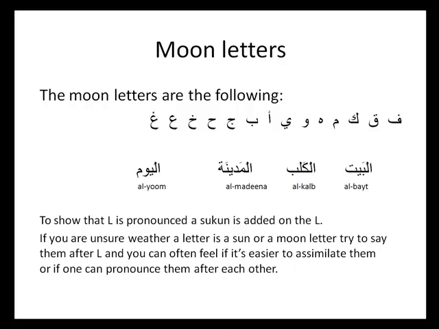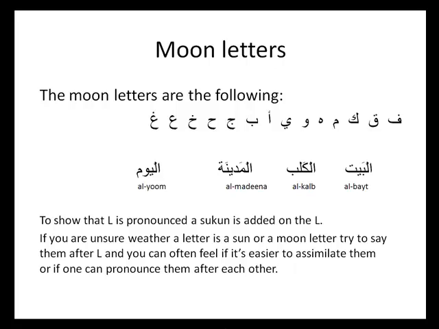The other 14 letters are the moon letters, of course. The moon letters are fa, qaf, kaf, mim, ha, wa, ya, alif, ba, jim, ha, kha, ayn, ghayn. With these letters, there's no problem to pronounce the L in front of them. Al-bayt is very easy. Al-kalb, easy.